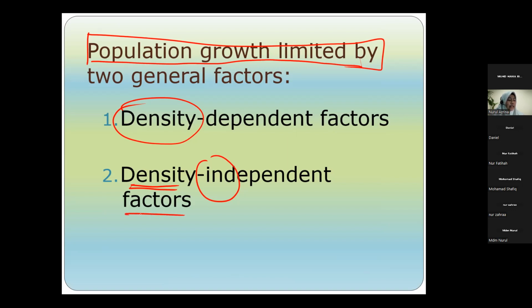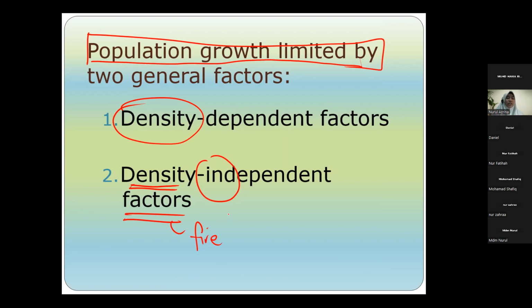But when this factor happen, contoh fire, forest fire for example, so kalau berlaku pembakaran hutan, tak kisah dalam hutan tu ada 50 ekor binatang ke, 50,000 ekor binatang ke, the effect is still the same. It will cause limitation in population growth. Dia akan menjejaskan pertumbuhan sesuatu populasi.